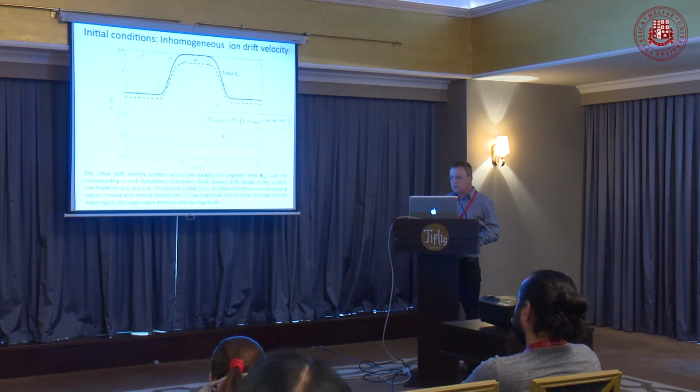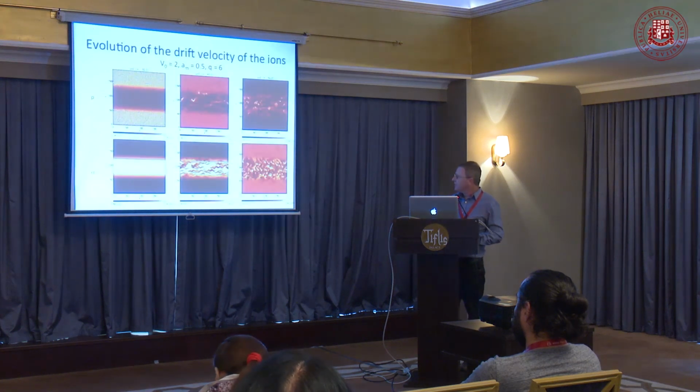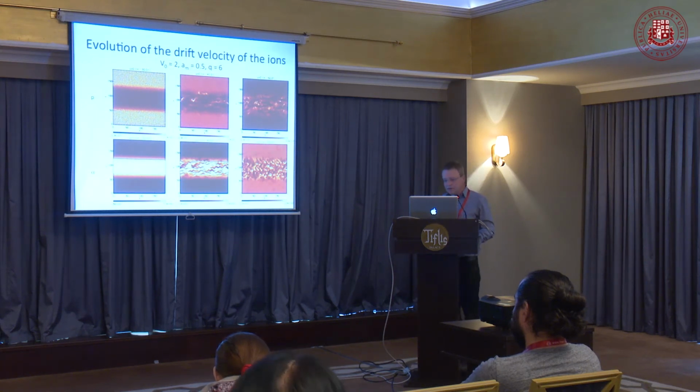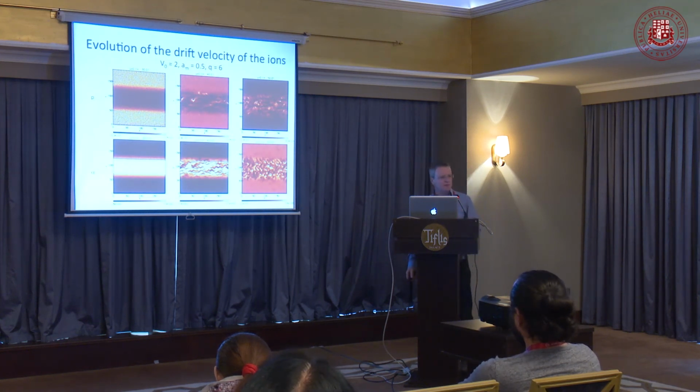What you see here is an example of such a solution where we start; these are the protons, these are the alphas, and you can see that as the drift evolves, because of the instability, the shape of the enhanced flow is suppressed, very much like we see in the fluid instabilities when we have Kelvin-Helmholtz.